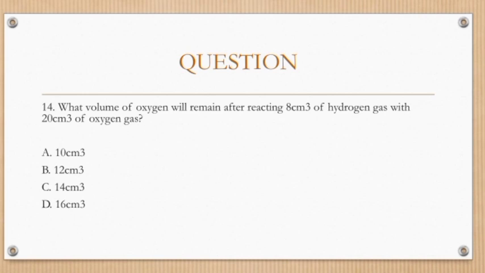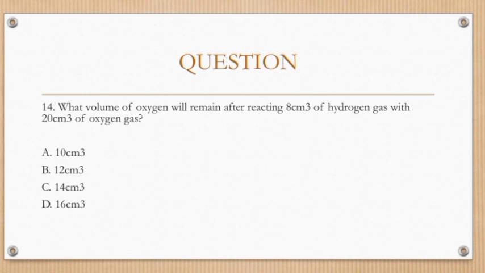Like that one, they give you the gram of this, and they ask you to calculate for the gram of the other. So stoichiometric questions always go like this. So for this one, we have what volume of oxygen, and they give you the volume of hydrogen.